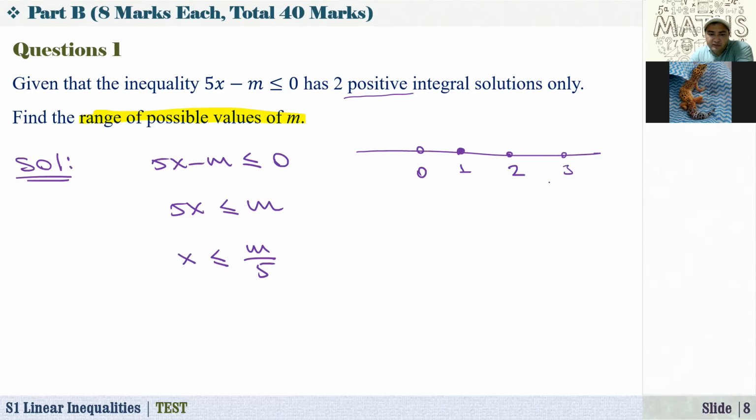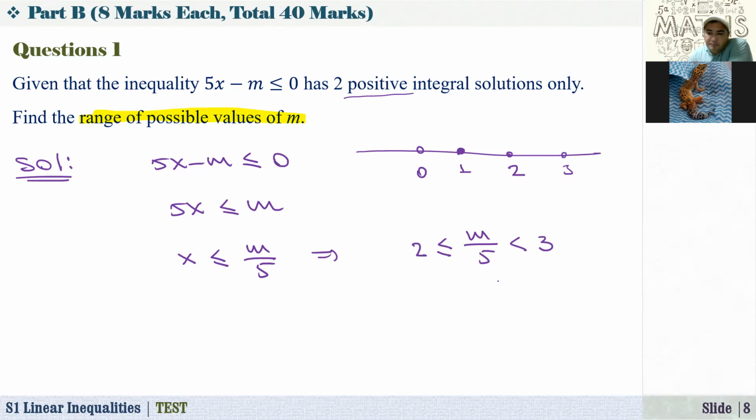But not inclusive. So I can just write that this m over 5 should be greater than or equal to 2, because if it is 2 also, it includes 2. We will have two answers, 1 and 2. These are two positive integer solutions. And on the other side, it must be less than 3. It should not include 3. Otherwise, there will be 3 positive integers.